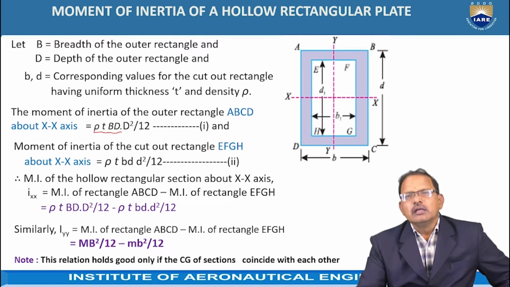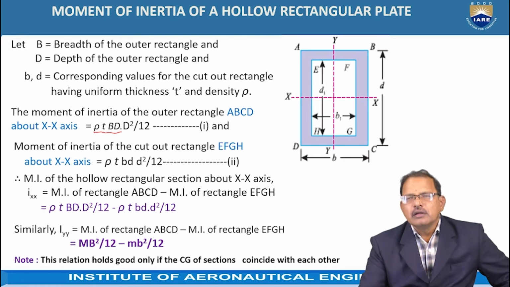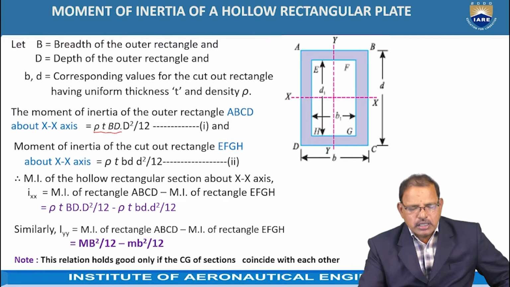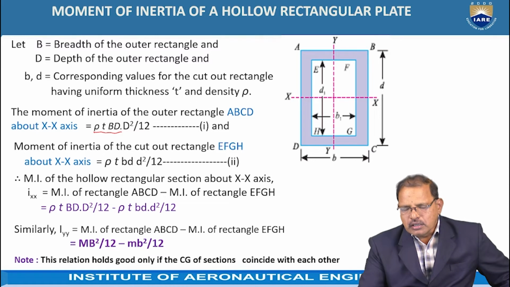Similarly, Iyy, that is the mass moment of inertia of the hollow rectangular plate about the y-axis, is equal to M B square by 12 minus m b square by 12, where capital M represents the mass of the outer rectangle, and small m represents the mass of the inner rectangle, where B stands for the breadth of the outer rectangle and small b represents the breadth of the inner rectangle.